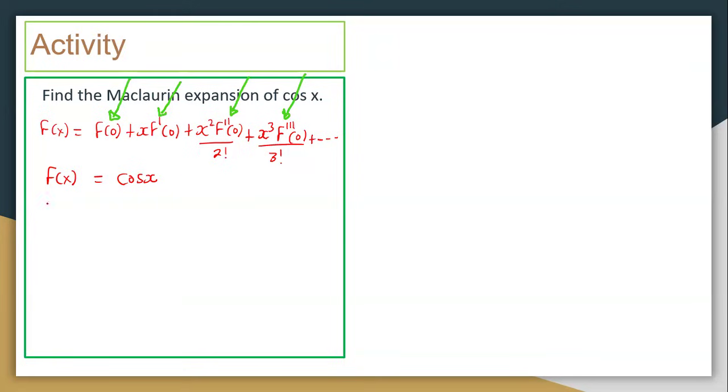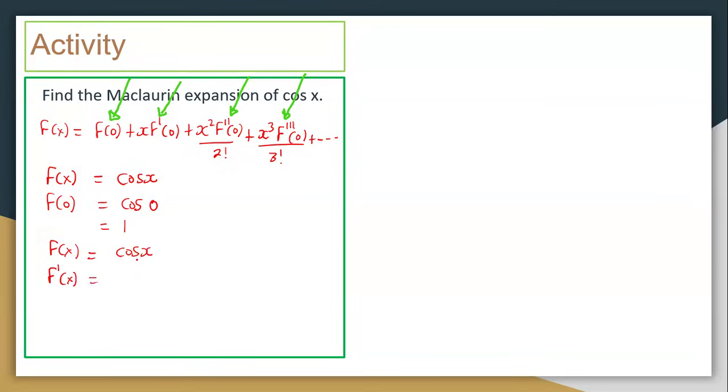I'm going to first deal with f of 0. f of 0 will equal cos of 0. Avoid assuming; many times some students just think that cos of 0 is also 0. Here, we end up with 1. Then we go to the second one, f prime, so you have to differentiate. I know f of x is equal to cos of x.